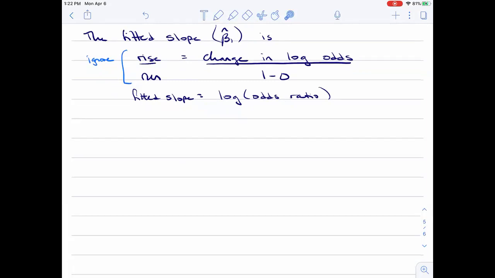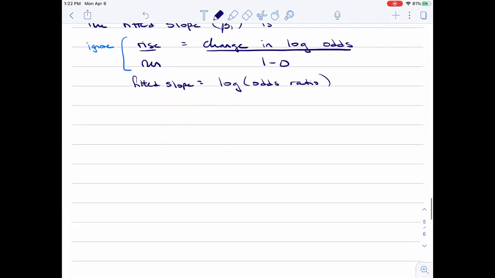So if we solve for the odds ratio, right, then we're going to get e to the power of the fitted slope. So the odds ratio, just swiveling over to the other side, is e to the power of the fitted slope.